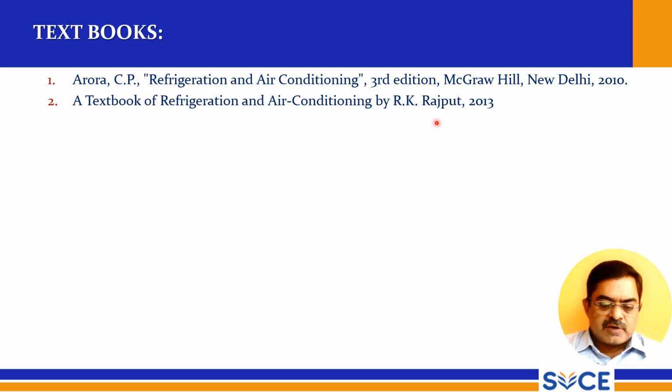These two books I have used to prepare this material, and definitely you can refer to them. The soft copy of these books I have also given you in Google Classroom. Please refer to these two books, and I am also uploading the notes on this in Google Classroom. Please refer to the notes also.